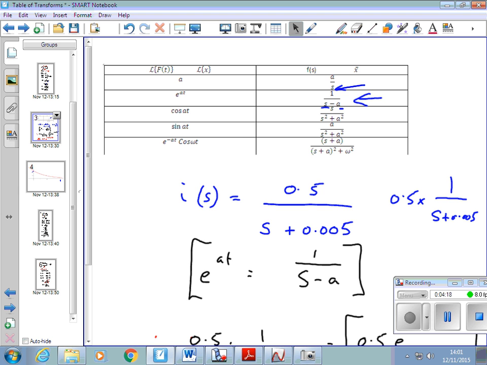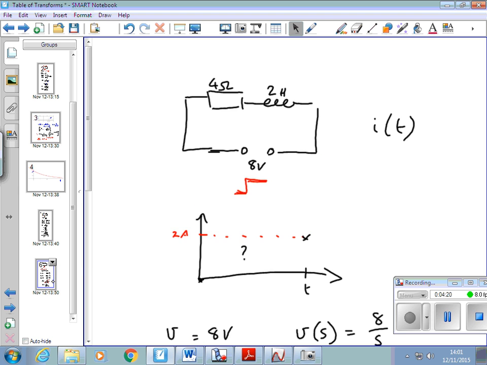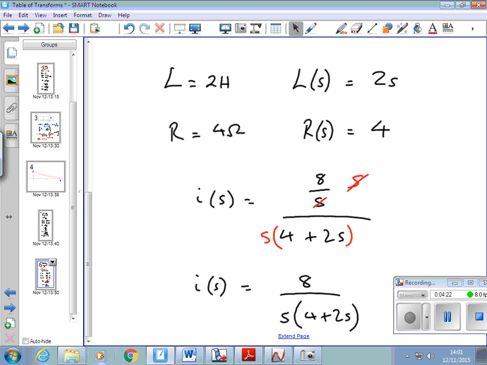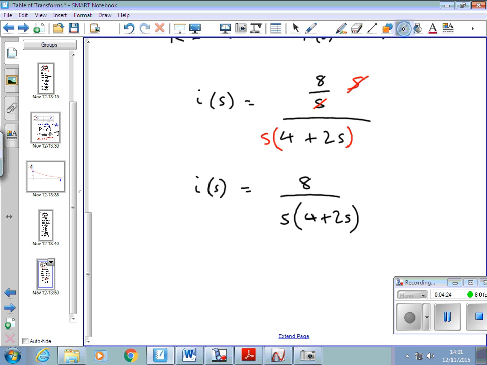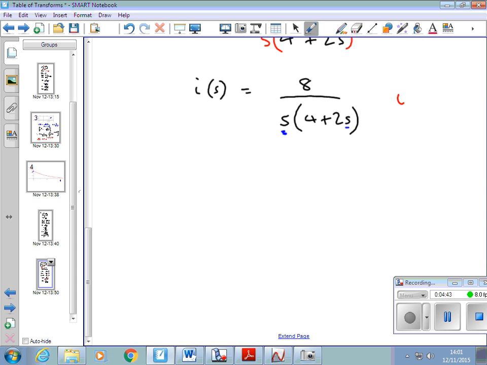And if we look at what we have here, we have an S and a term involving S and a constant. And so what we do is we separate these two out using partial fractions. So now we use partial fractions, which we were doing this morning.